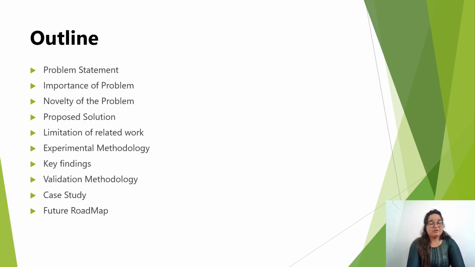The outline of my PPT slides is: first the problem statement, what I found from the research paper; importance of the problem; novelty of the problem; proposed solution, what the research paper clearly stated; limitations of the related work; the experimental methodology the author used to find the method to minimize the problem; key findings, what the author came to have in his hand; and the validation methodology, having a proper proof and proper concepts for how we can solve this type of problem.